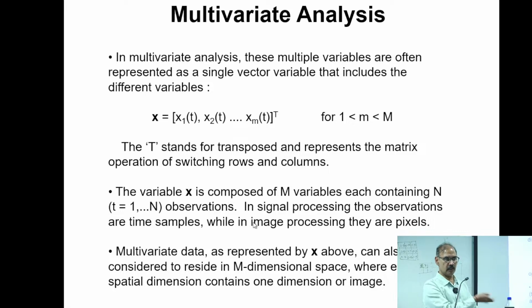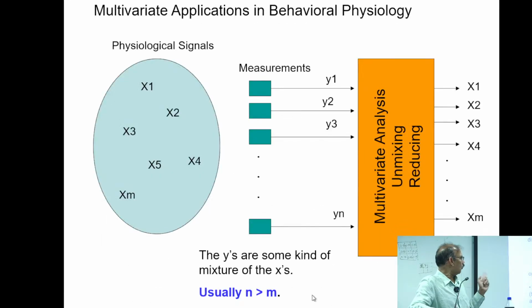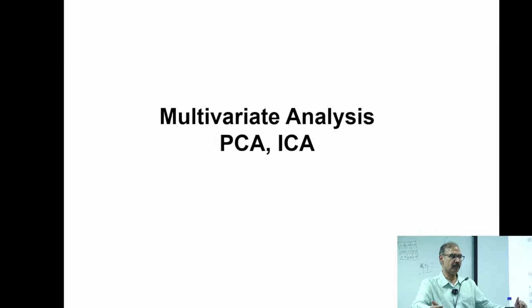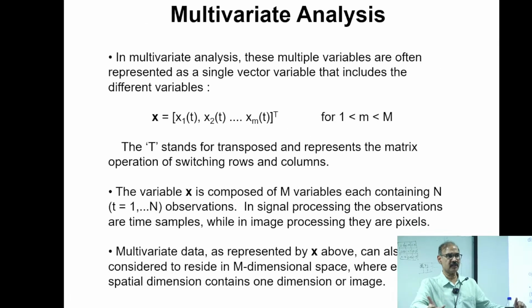So for the resting state data, or even task data, what would x represent? In fMRI, what would x represent? The other dimension is time. So what would x represent? Anyone? Voxel, right?